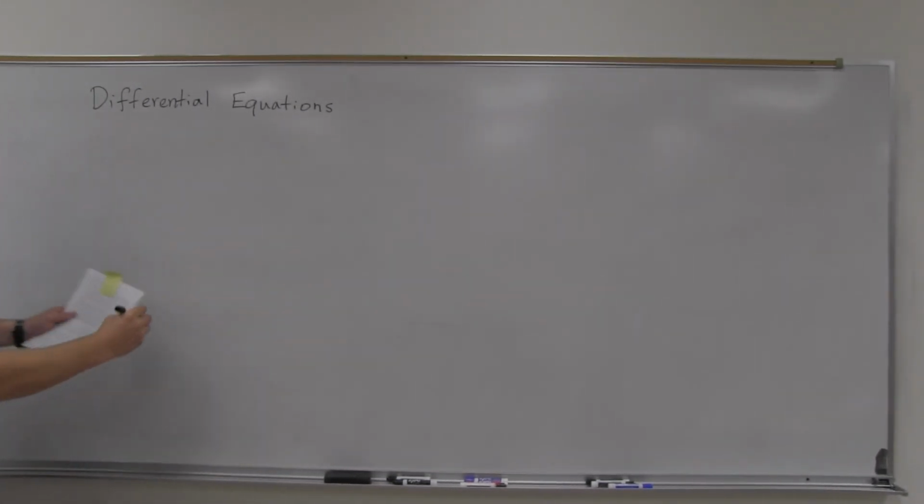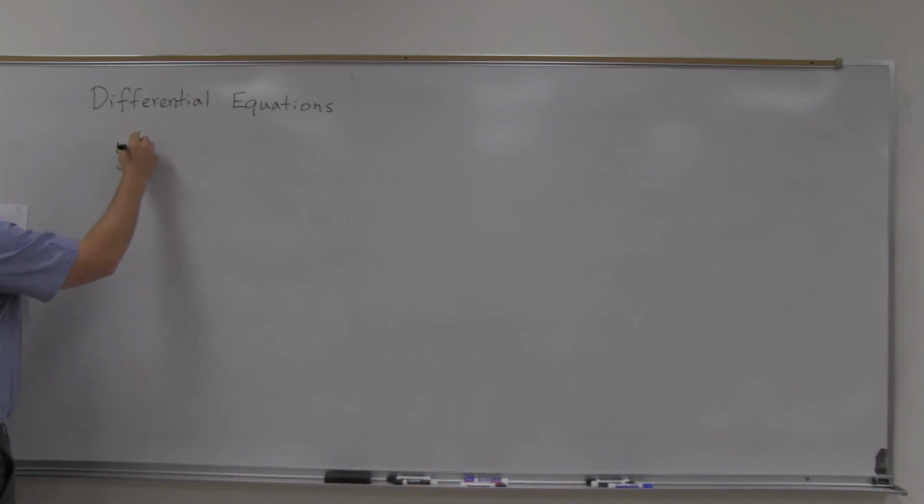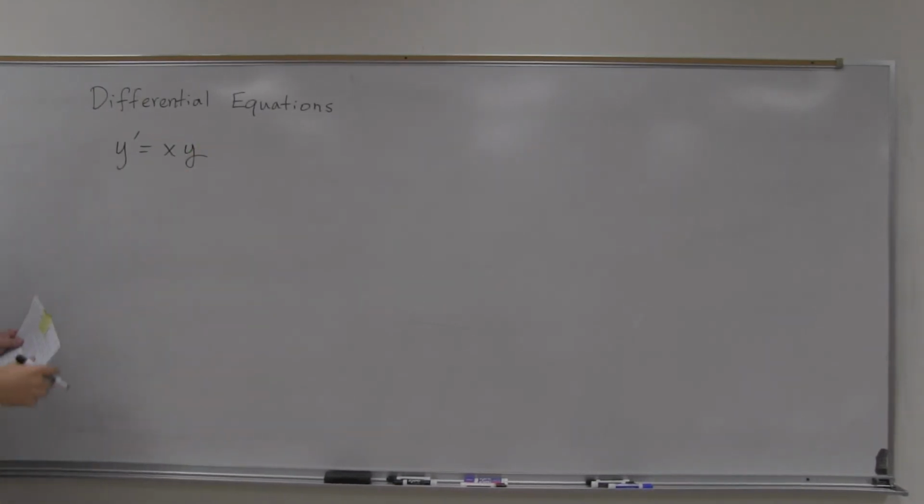For example, y prime equals xy. So yeah, we have y and x, but we also have y prime involved in this equation. You can have more than the first derivative.